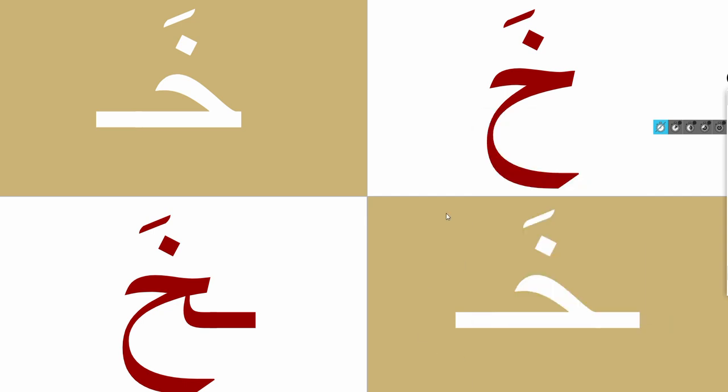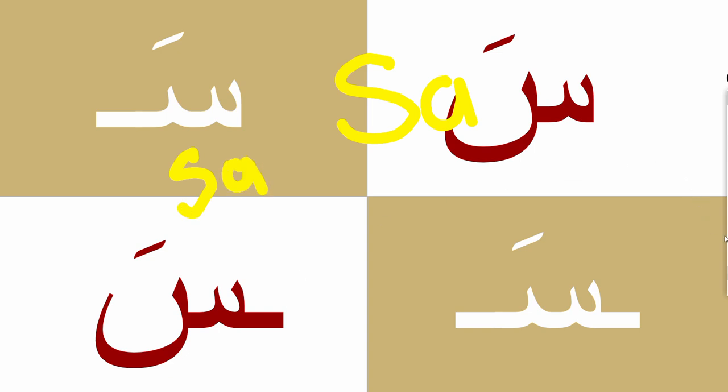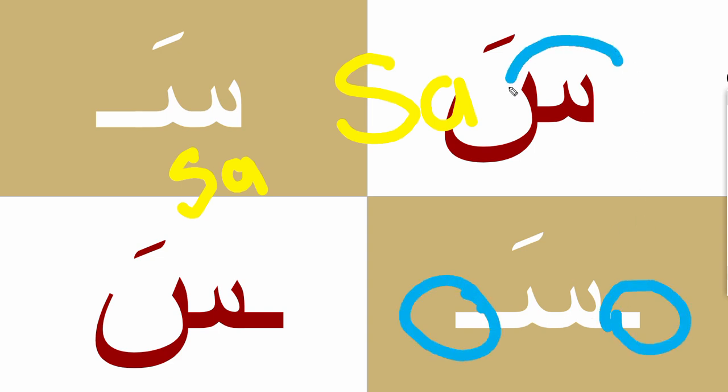Let's go on. Sorry. Sa. With fatha, it is sa. Okay, let's use this one, and it can connect to both left and right. And the unique thing is three dots. I don't know what to call this.